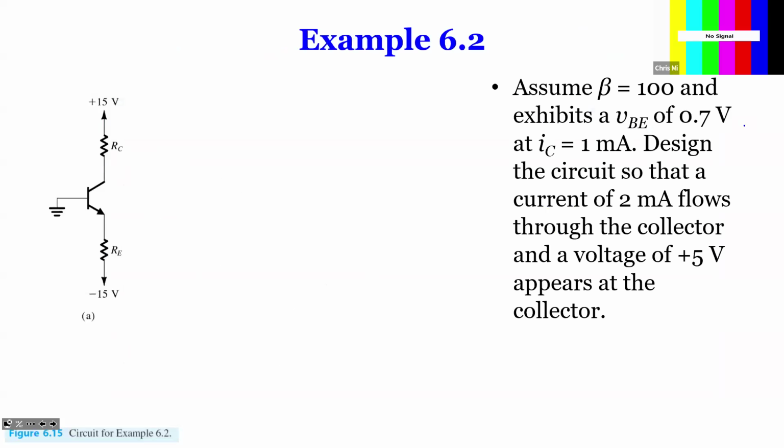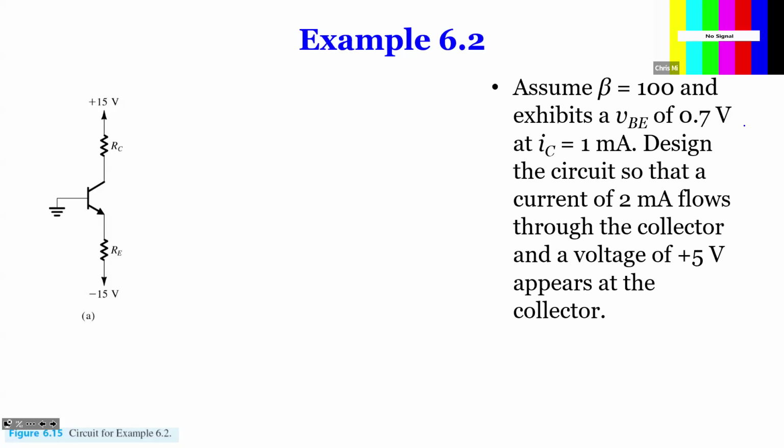So now we're going to dive into another example before we finish today's lecture. In this example, we have a BJT, and that BJT base is grounded. Collector is connected to 15 volts through a resistance of RC. And the emitter connects to minus 15 volts through a resistance of RE.